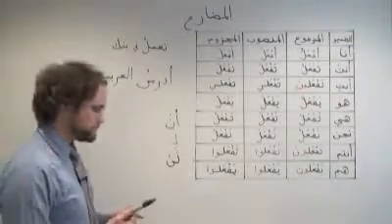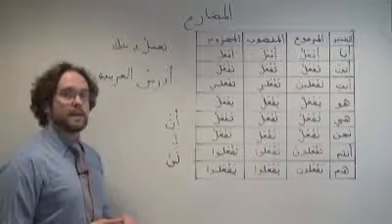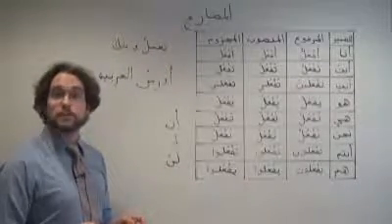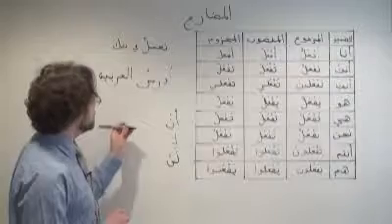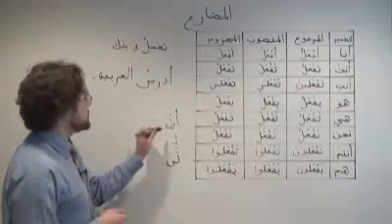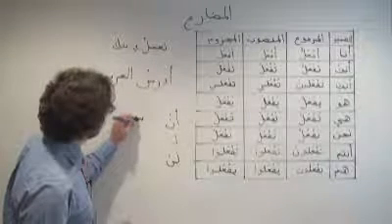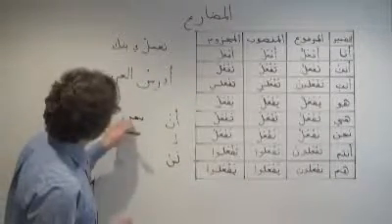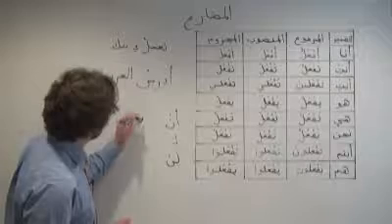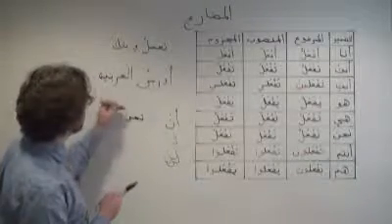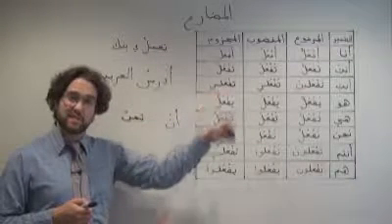So for example, if I want to say she likes to read, right? We can use an to connect those two verbs. So we're going to say she likes, tuhibbu, and here we're using marfu'a, right?